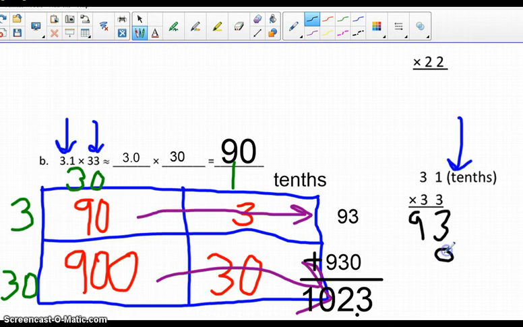Placeholder, I like to do a little smiley face, which is hard to do on a smartboard. 3 times 1 is 3. 3 times 3 is 9. When you add this up, you get, carry the 1, 1,023, which is the same answer.